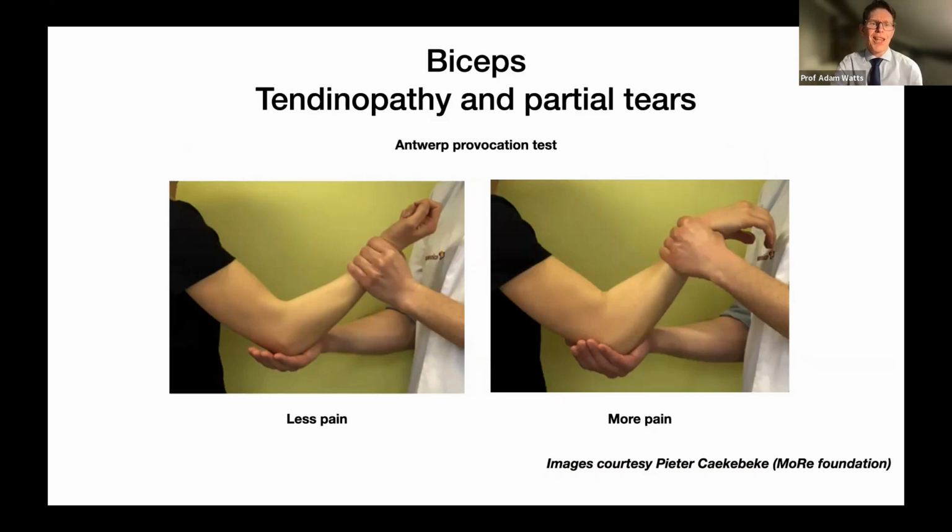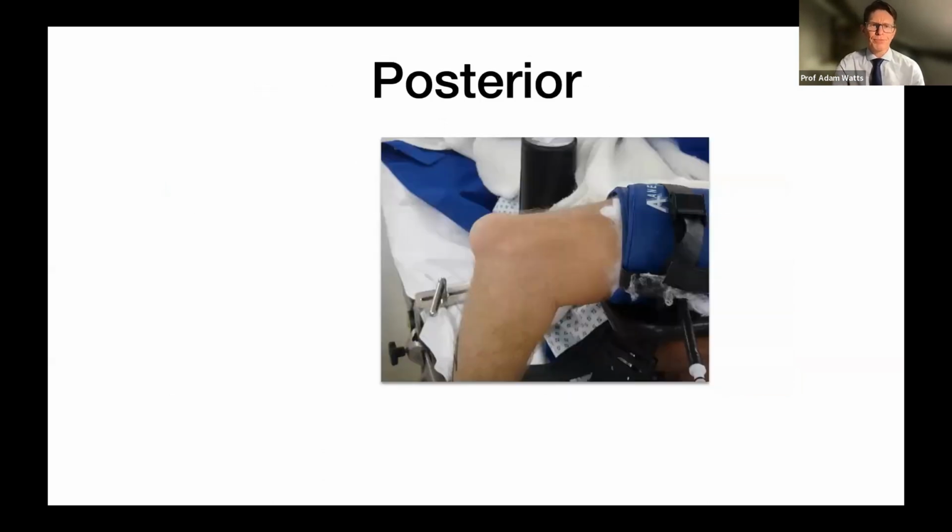They should have less pain in supination with resisted elbow flexion and more pain with a pronated forearm, because we're squashing the torn tendon against the tuberosity in pronation because of the tendon anatomy, and that may reproduce their painful symptoms. So that's a useful test.